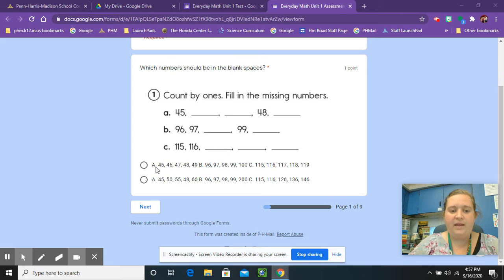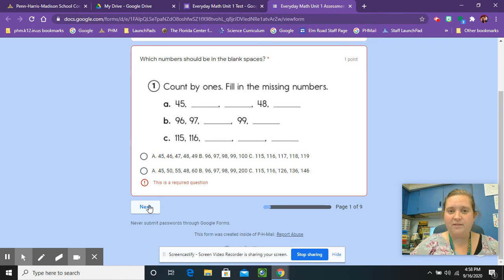So A would be these numbers here, B would be these numbers here, C would be these numbers here. So look at your answers on your paper or your whiteboard and pick the one that matches yours. Then click Next.